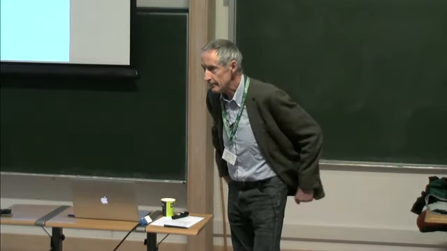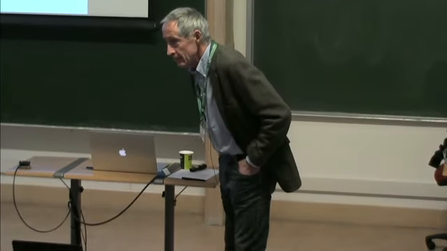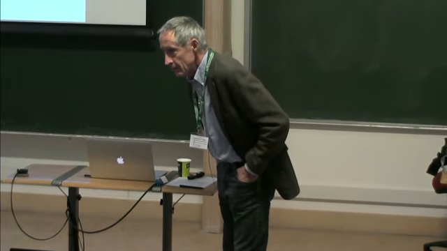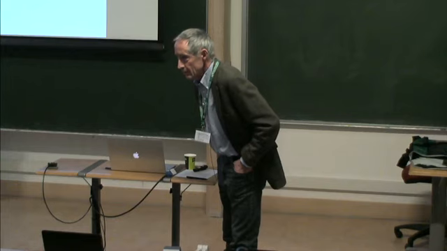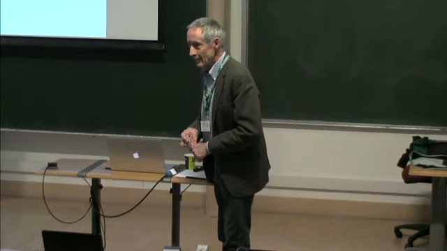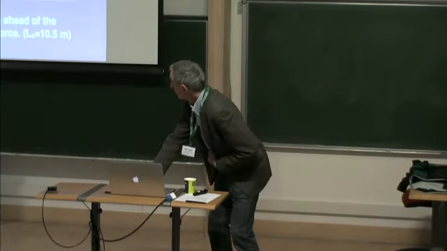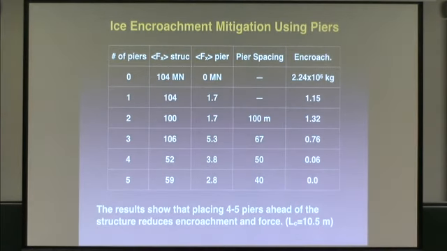Nicely done. We have plenty of time for questions. First question: regarding when you have the piers and you presented the global load, why is the load when you have 3 piers higher than when you don't have piers at all? If you look at this table, 0 piers, 104 meganewtons, and then 3 piers, 106.